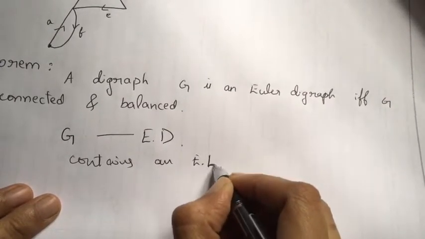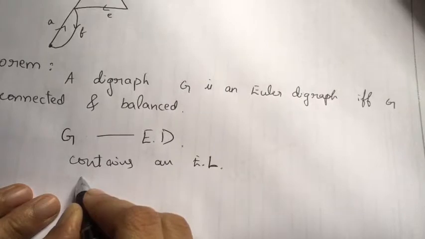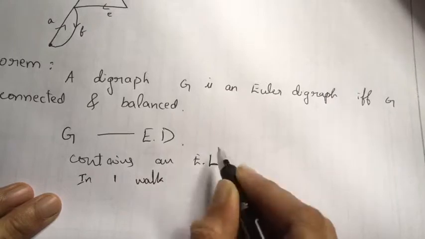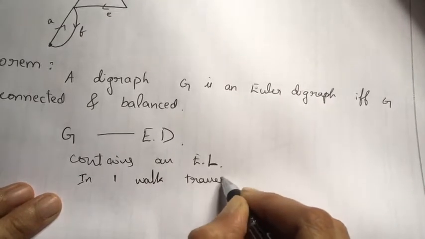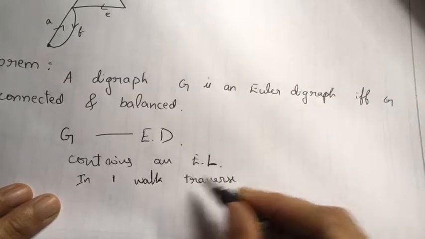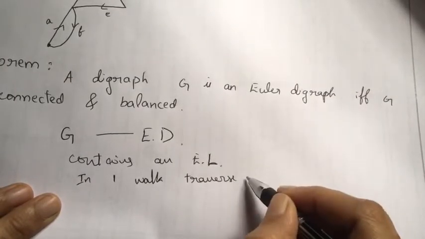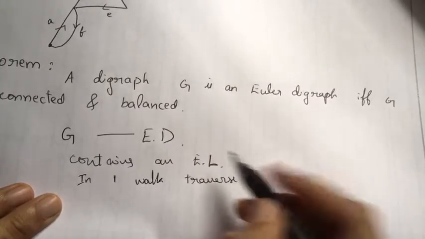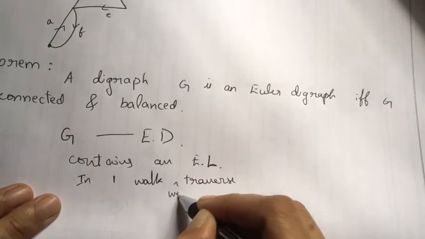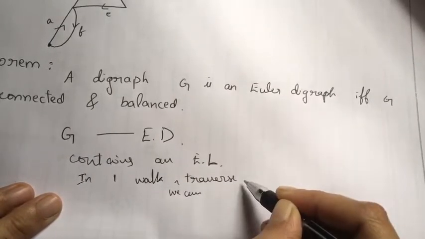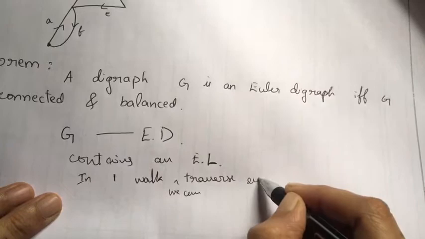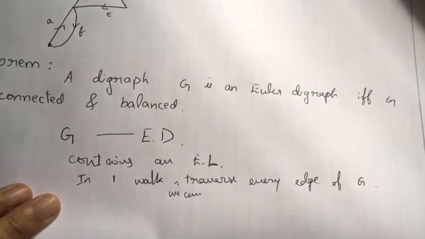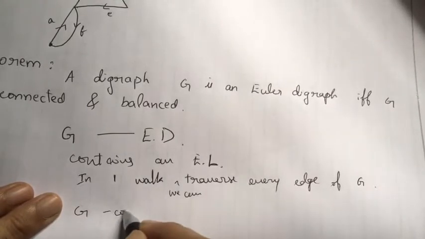See, when I say it has got an Euler line, then in one walk I can traverse all the edges of G. Therefore I can say that G is connected, right?